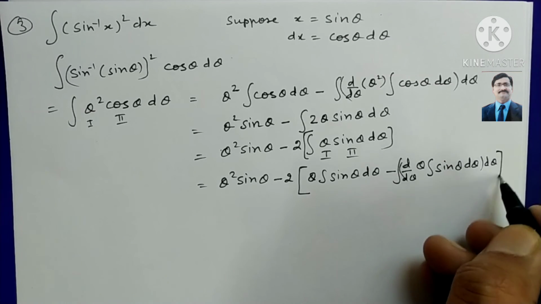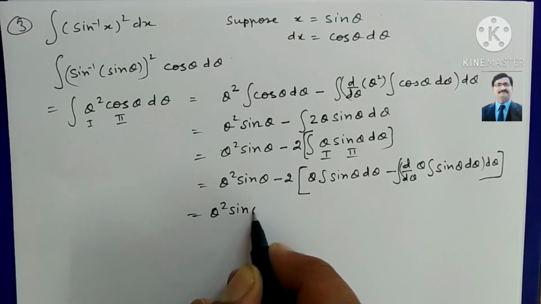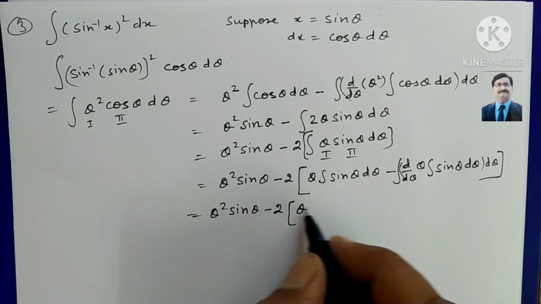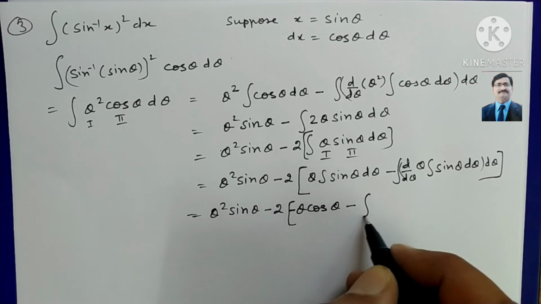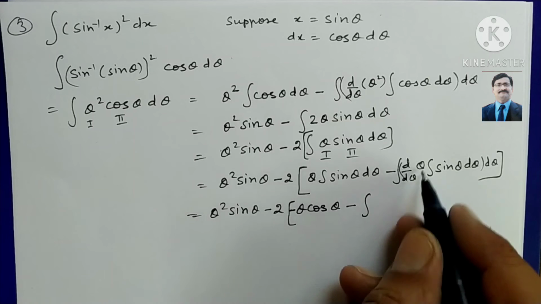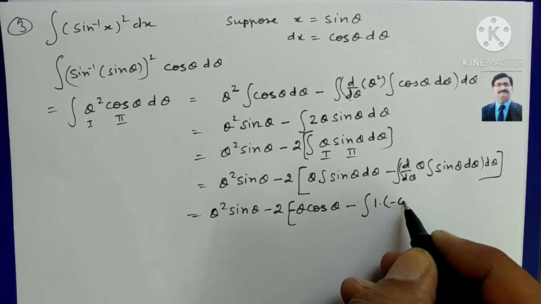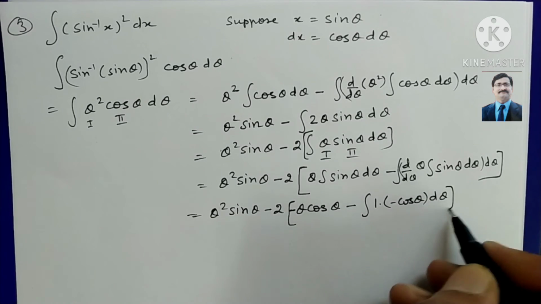Okay, and this we write as it is, theta square and sine theta we write as it is, minus 2 bracket theta, integral of sine theta is minus cos theta. Okay, and minus integral, this theta's differential is 1, and here is minus cos theta and d theta. Okay, and plus c.